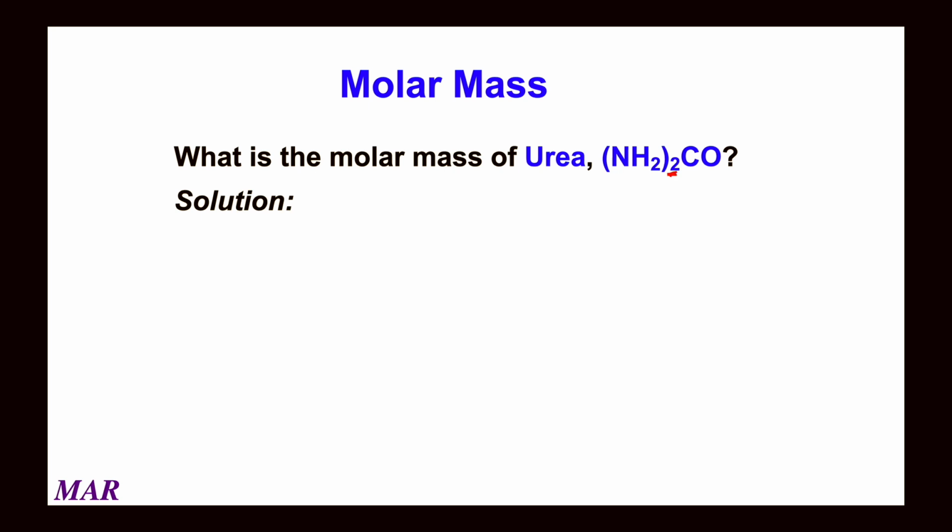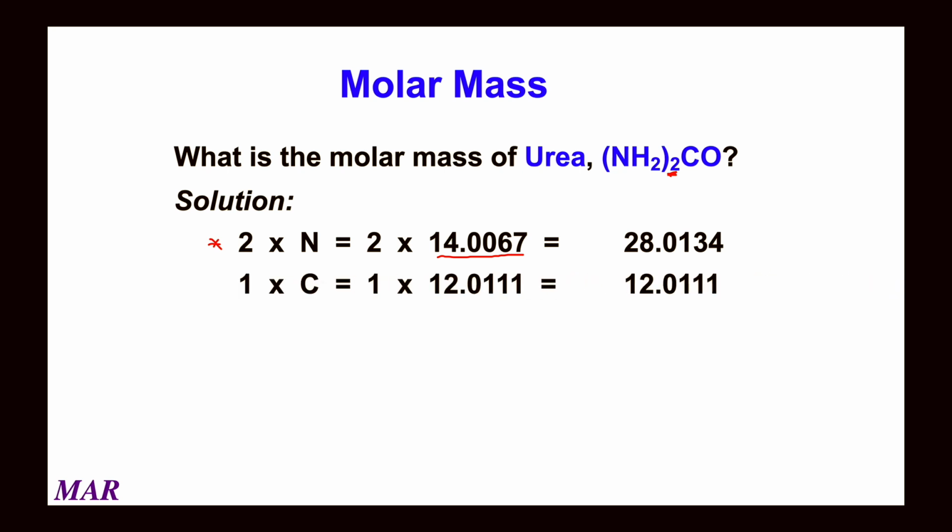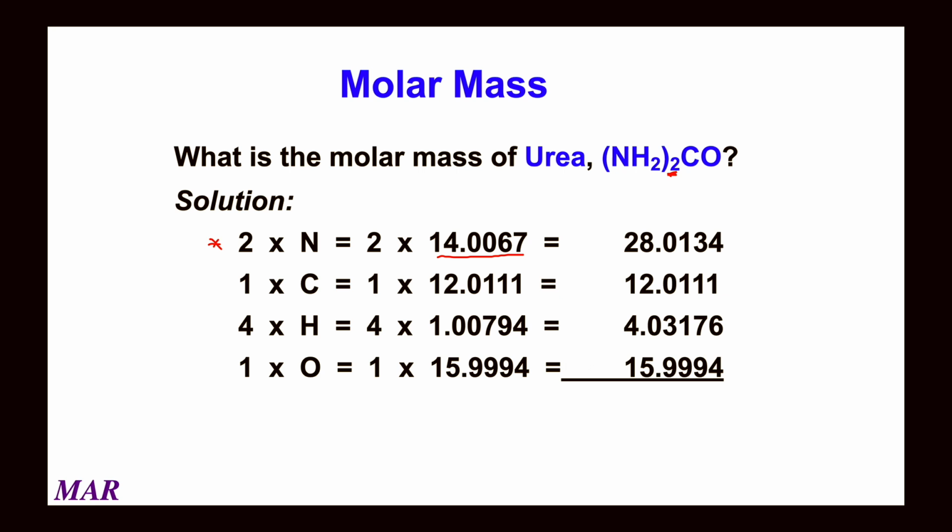So that means 2 nitrogens, and 2 times 2, 4 hydrogens, plus the C and the O. So if you do this on the periodic table, here's the 2 nitrogens. Nitrogen to a bunch of sig figs, 14.0067. So that would be the grams for the nitrogen. Here's the 1 carbon, about 12.01. The 4 hydrogens, 4 times that number, and don't forget the oxygen.